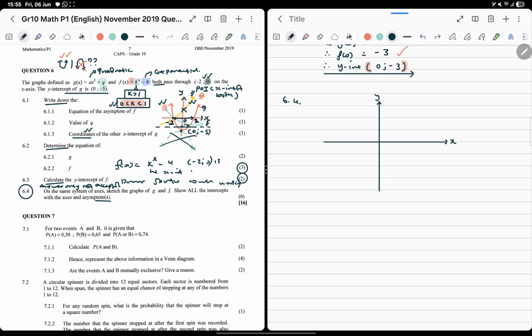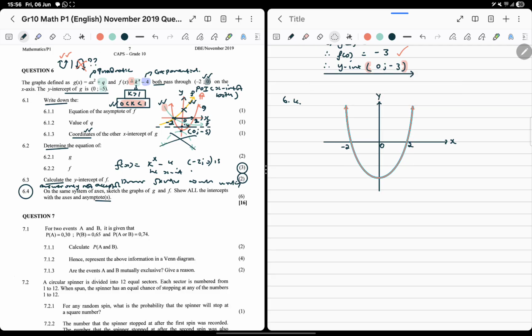X, Y, origin. We saw that our parabola is doing its things like that. Let's shift a little just so that it looks nice. So we saw that this is -2, this is going to be 2.